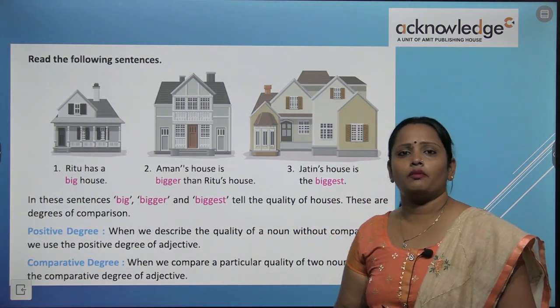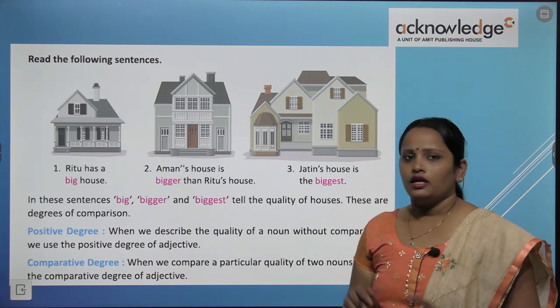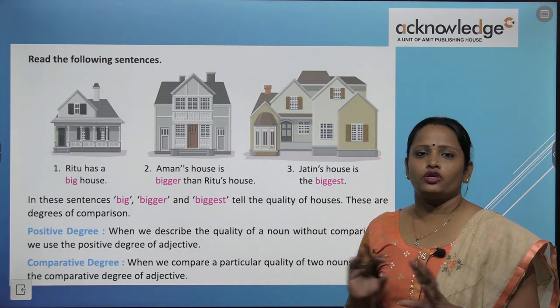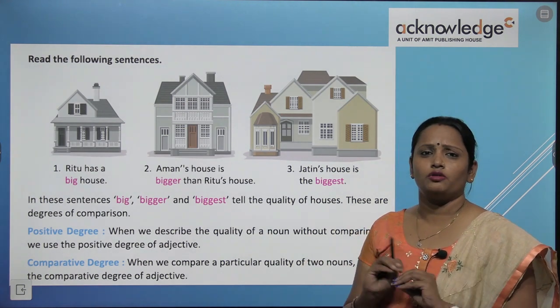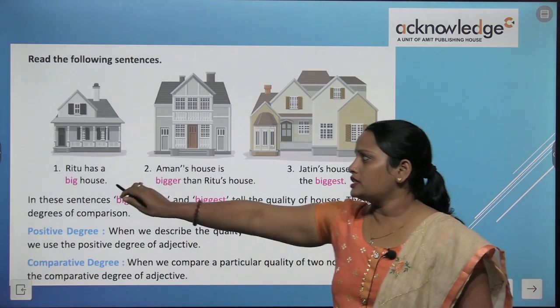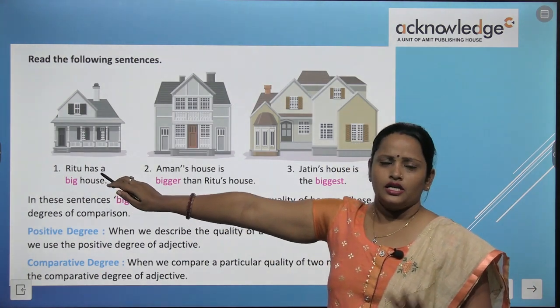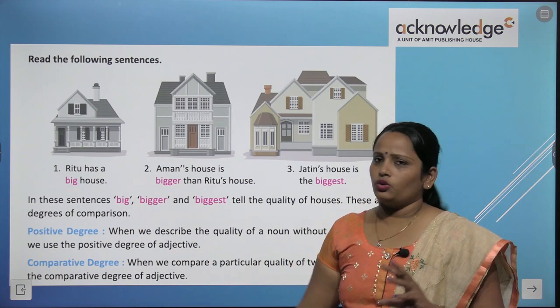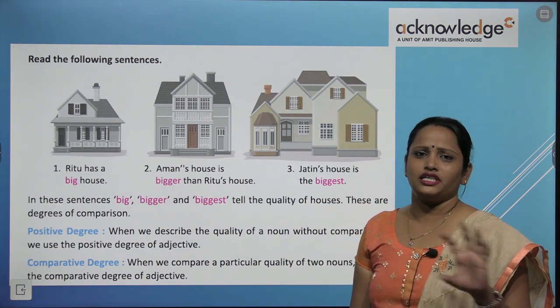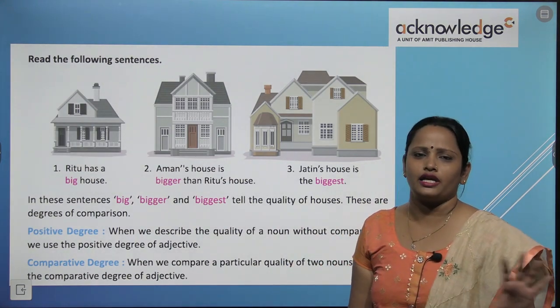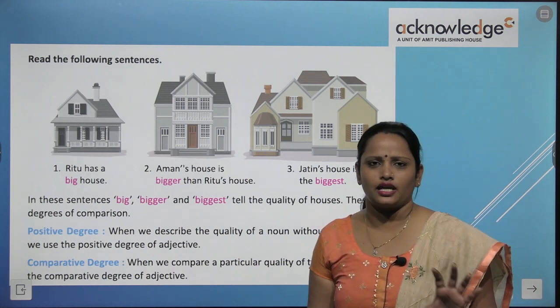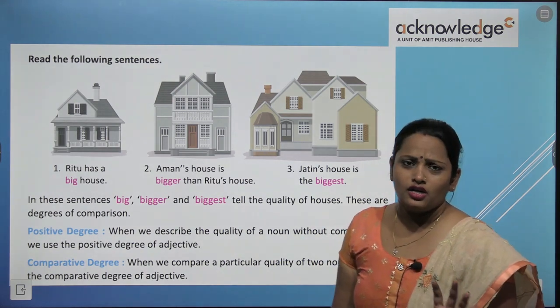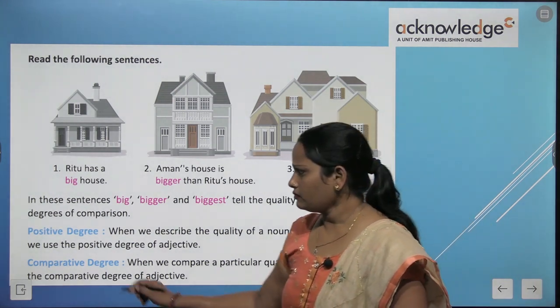So, when we talk about the positive degree, here we do no comparison. इसमें कोई भी comparison नहीं होता है. Simple sentence हमें मिलेगा जिसमें लिखा हुआ है Ritu has a big house. इसमें किसी के घर को किसी के घर से compare नहीं किया जा रहा है. Simple sentence हमें बताया जा रहा है Ritu के पास एक घर है जो कि बड़ा है.